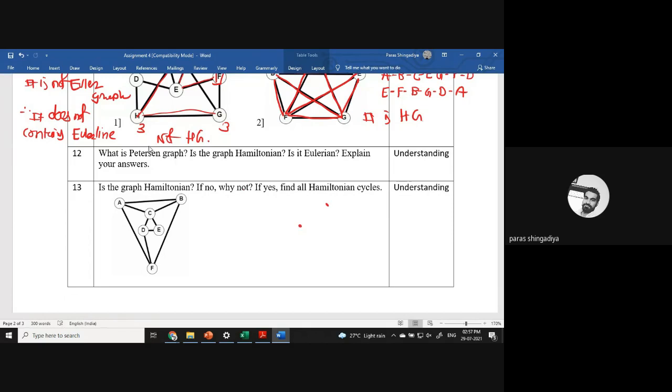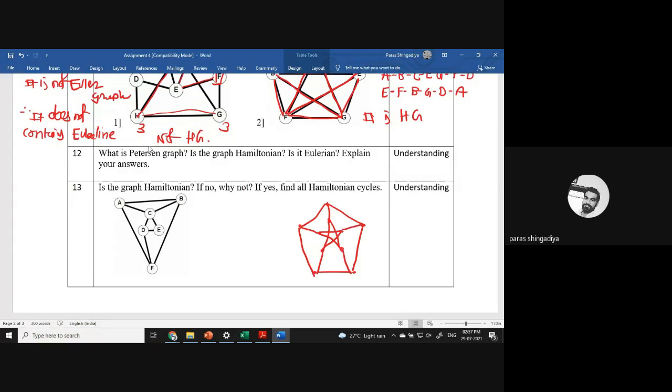What is the Petersen graph? Consider 5 vertices outside and 5 vertices inside. Make one pentagon on the outside, and create one star on the inside using 5 vertices. Then connect these endpoints with the corresponding vertices.